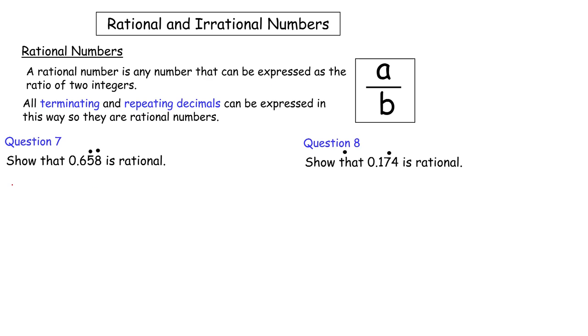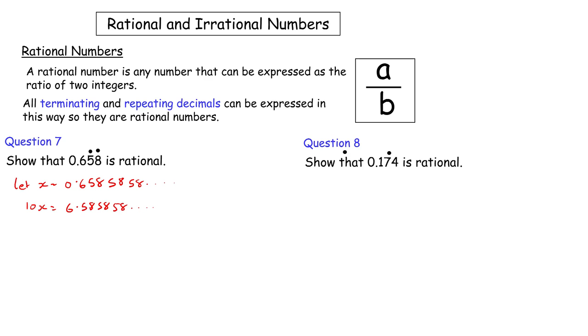This first one, as usual, we're going to say let x equal 0.6585858. So in the first instance, I'm going to say multiply by 10. So 10x is equal to 6.585858 recurring.